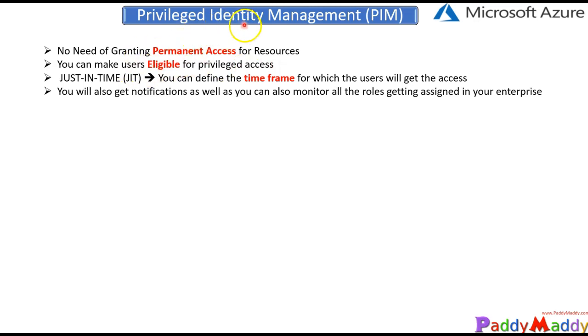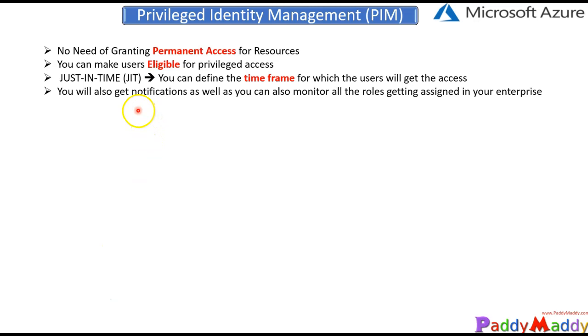And with the help of Privileged Identity Management, you can grant access just in time, or in short, JIT. So you can define a time frame for which the users will get access. That kind of access can be automatically granted, so if you're trying to perform an action on a specific VM, you get that just-in-time, specific time frame window, and users can perform their required activities.